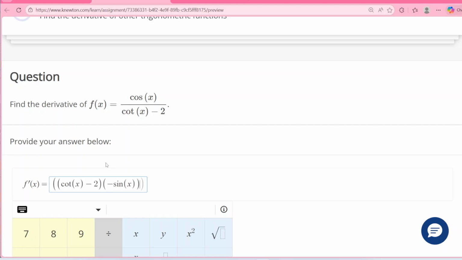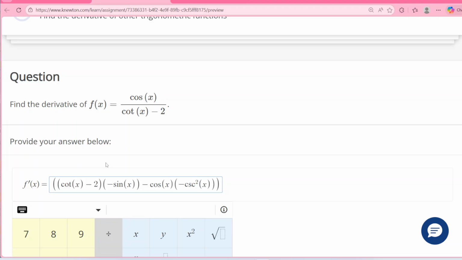All right, that's the denominator times the derivative of the numerator, minus, then the numerator, cosine x, times the derivative of the denominator, negative cosecant squared x. I'm hoping it takes the square like that. We'll see if it does.